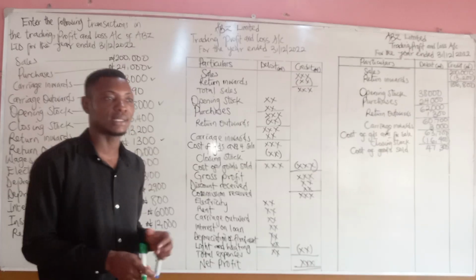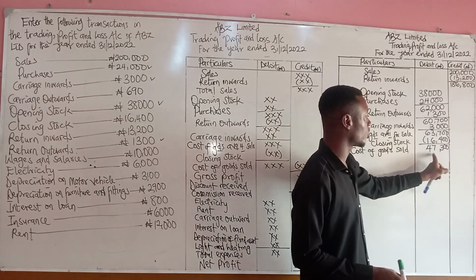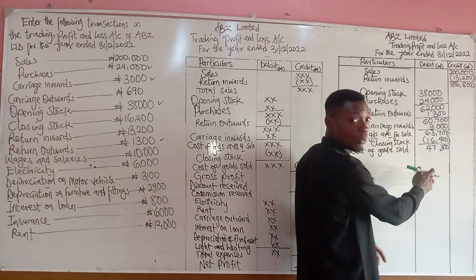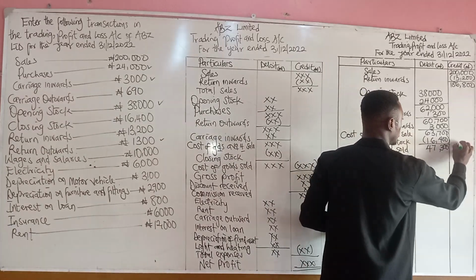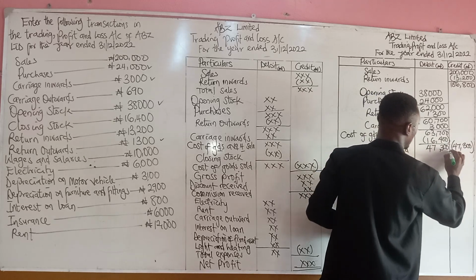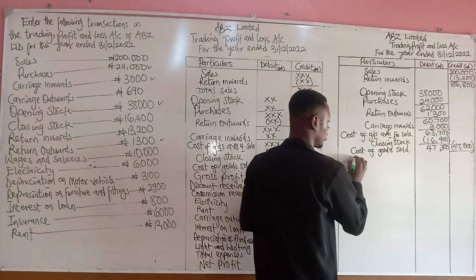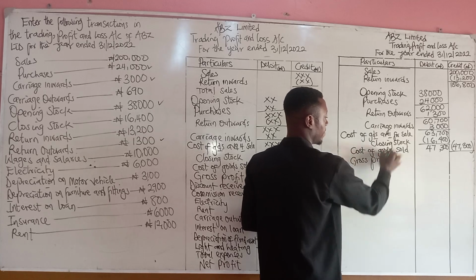Now that we've gotten the cost of goods sold, now what do we do? We try to ascertain our gross profit, because this is higher than this. We subtract this from here. So I'll bring this to the credit side, which is 47,300. Then I'm subtracting in order for me to have my gross profit. Do we understand?